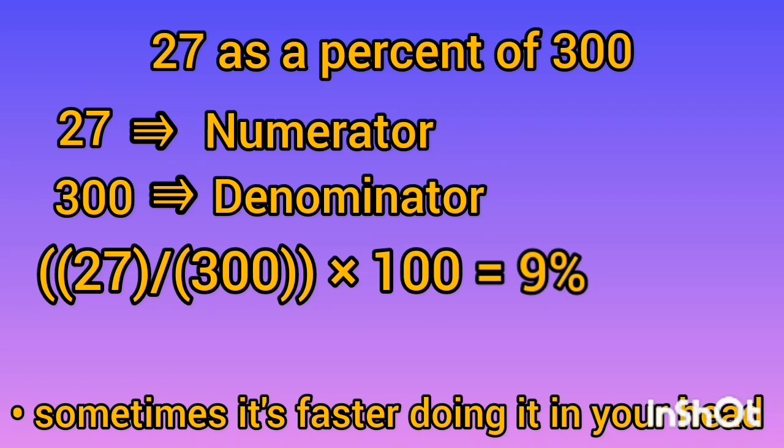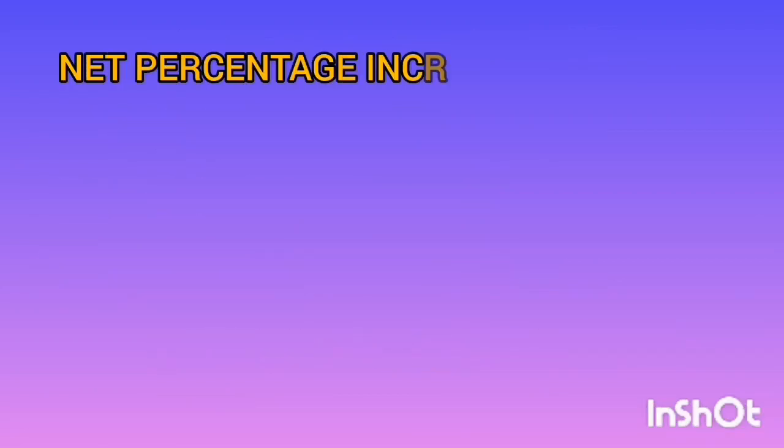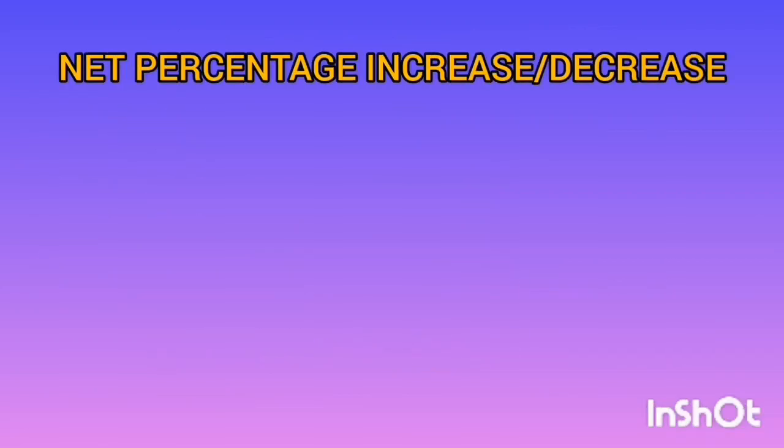Here again, we could be faster if we spot that 3 goes into both 27 and 300, which leaves us with 9 over 100, and this we know to be 0.09, which implies 9%. Let's move on to net percentage increase or decrease.